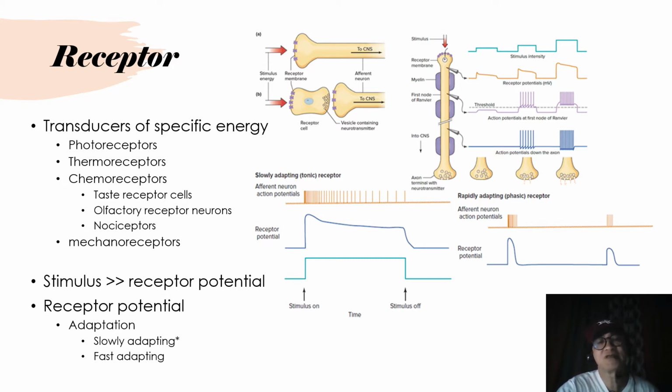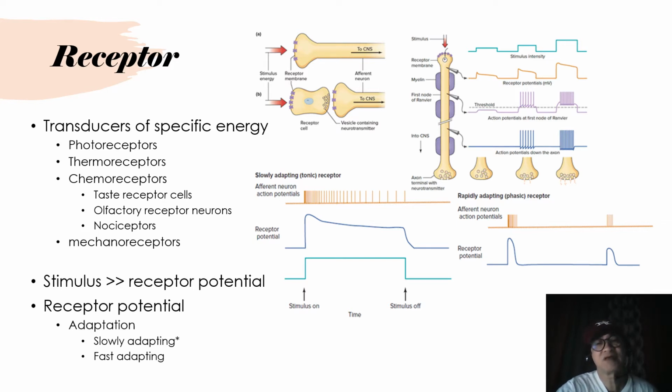These receptors include photoreceptors that are sensitive to light, thermoreceptors that are sensitive to either heat or cold, chemoreceptors that are sensitive to chemicals of taste, smell, or pain, and mechanoreceptors that detect pressure, touch, muscle tension, balance, and sound.